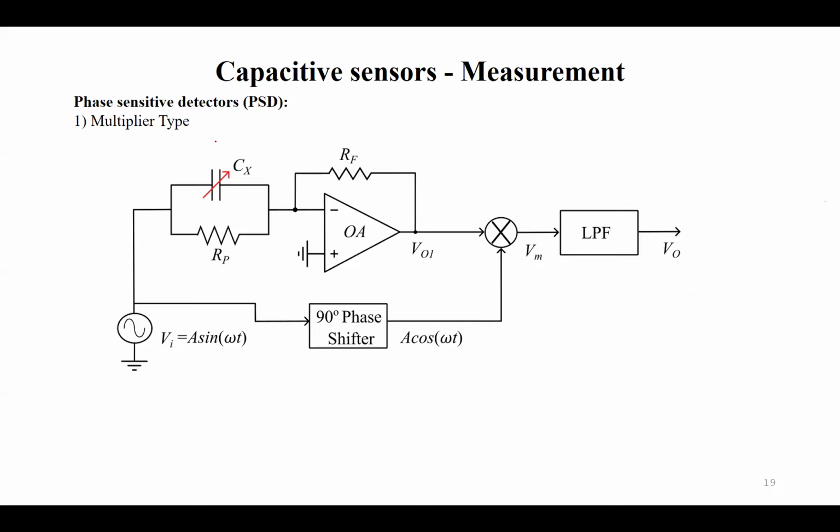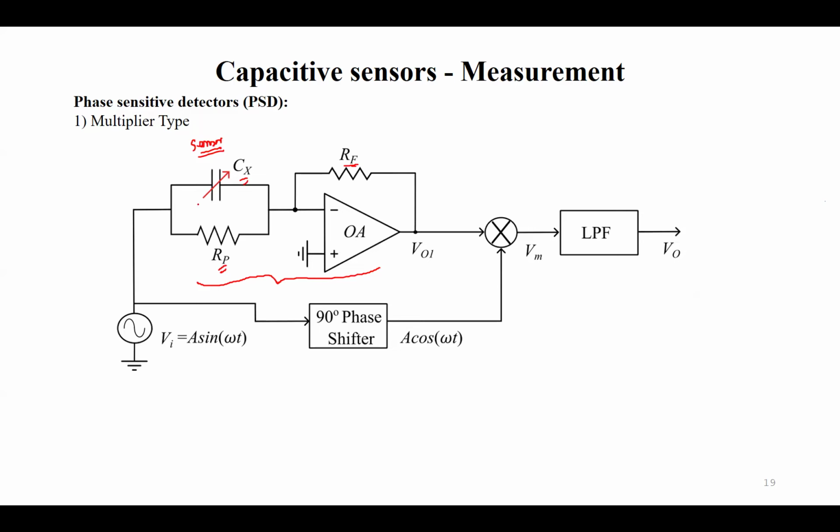So here we have the sensor, CX and RP. This forms the sensor. This is kept at the input of this amplifier. If you see here, this is an amplifier, right? This is an inverting configuration amplifier. At the input node, I have an impedance of CX parallel RP, and I have an RF resistor kept in the feedback.